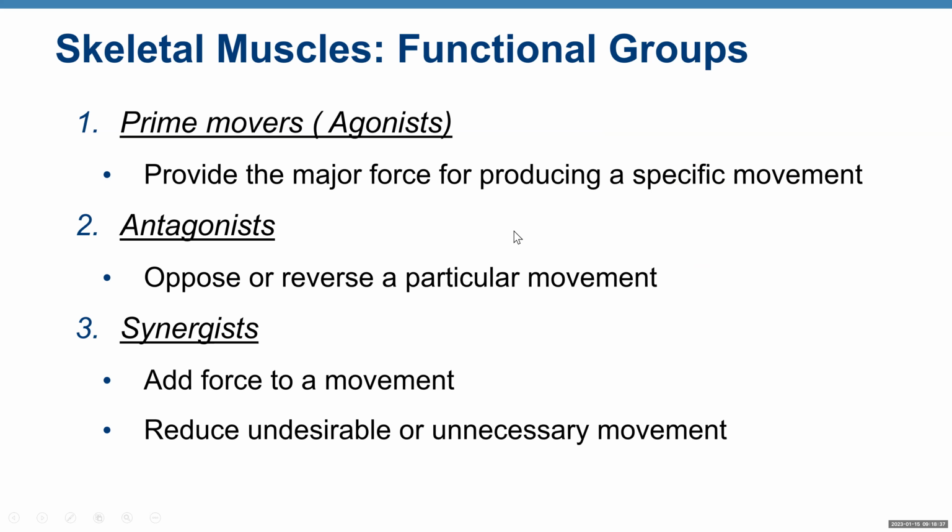Groups of skeletal muscles by function. We have prime movers, or agonists, which provide the major force for producing a specific movement. Antagonists oppose or reverse a particular movement. And synergists add force to a movement and reduce undesirable or unnecessary movement.